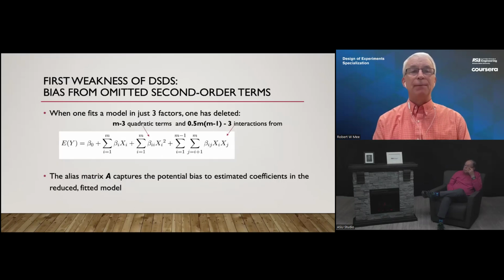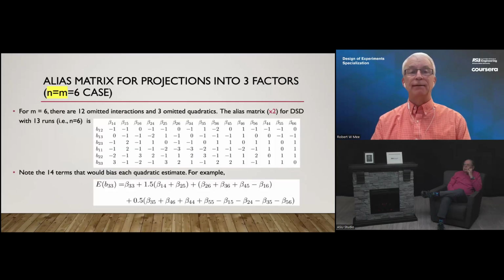So how many terms are we omitting when we take this design and fit a model with second order terms in only 3 variables? Well, we have dropped m minus 3 pure quadratic terms, and m choose 2 minus 3 interactions. So what does the alias matrix look like in that context?